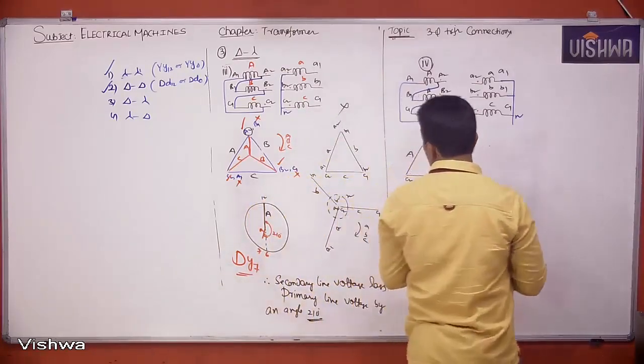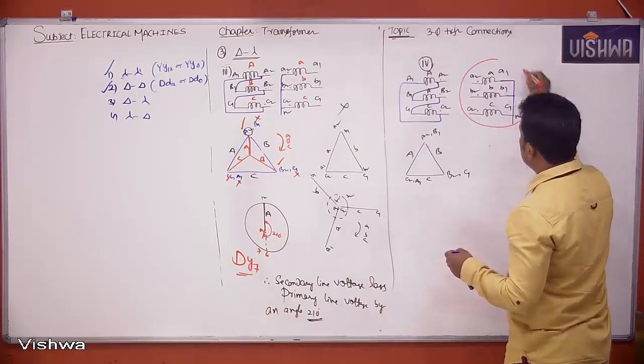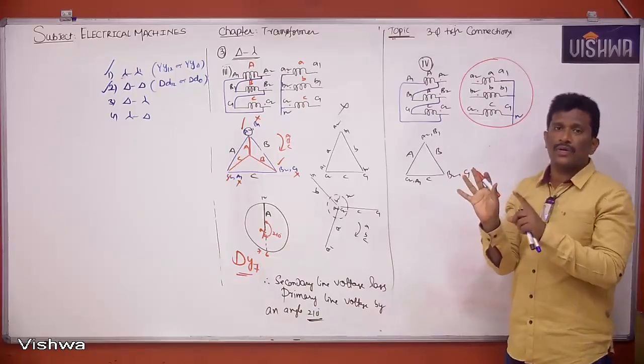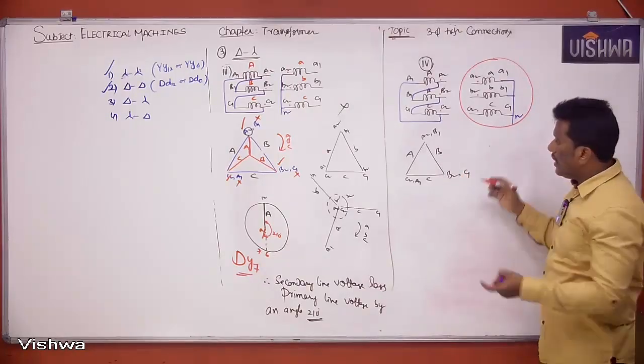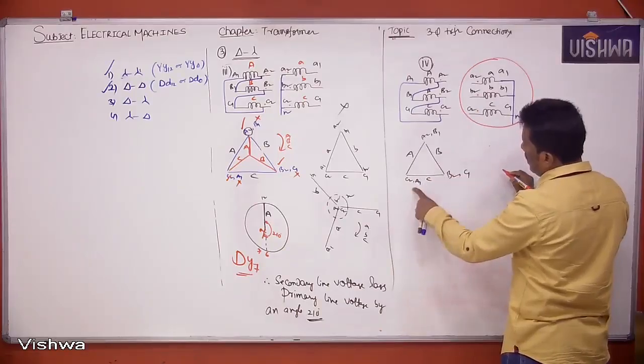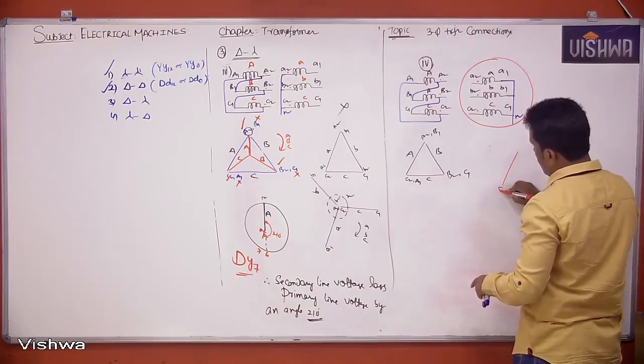Okay. Now, don't see this. Secondary, just draw. Generally, as I said, the secondary vector should be drawn parallel to the primary vector. Please draw that. Here, A1 is here, A2 is here. So please simply draw like this.